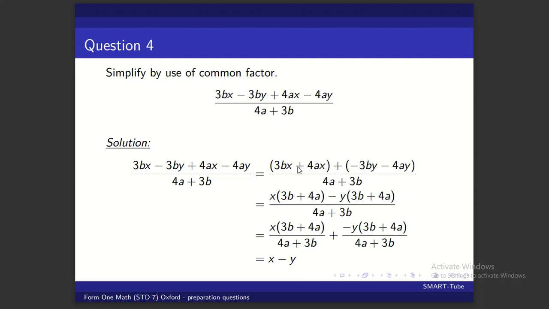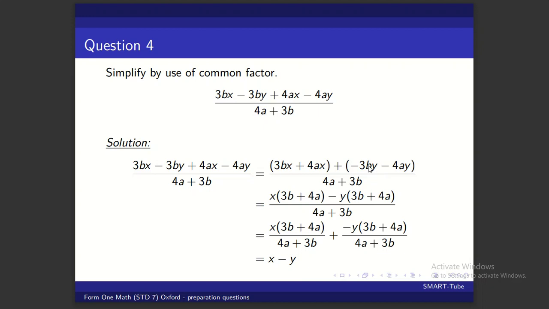So 3bx plus 4ax, and the rest of the thing is minus 3by minus 4ay. So you can take a common factor here, which is x, that is x times 3b plus 4a, because you can multiply and you can get this one here.